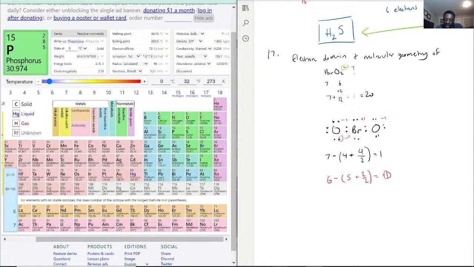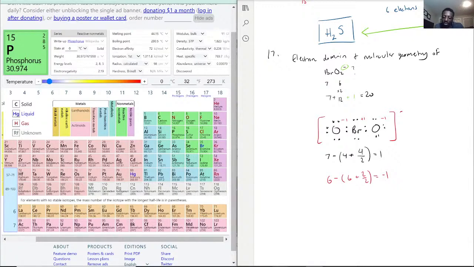But this is now unstable, that just wouldn't work. So this, unfortunately, and I say unfortunately because you don't really see this in nature, is the most stable state for BrO2 minus. You see that 1 minus because when you add up the minus 1, plus 1, and minus 1, you get in total 1 minus.